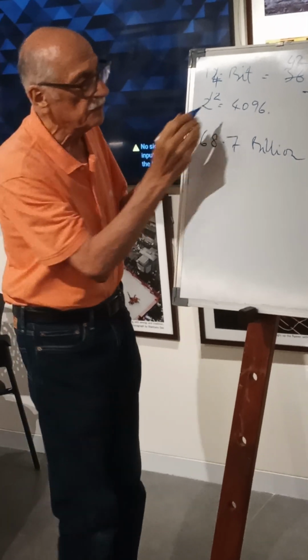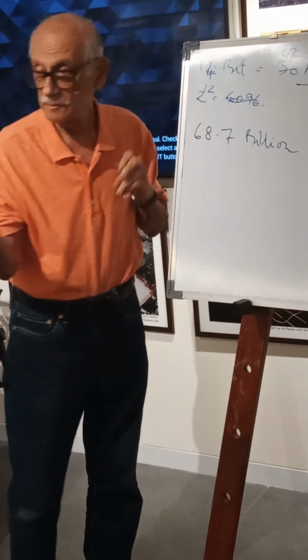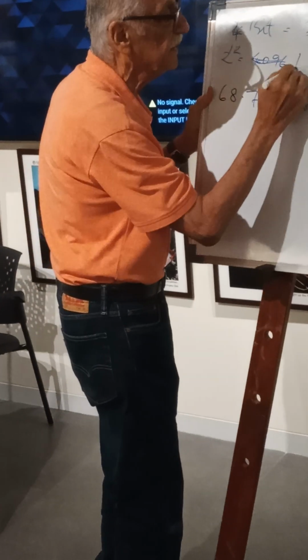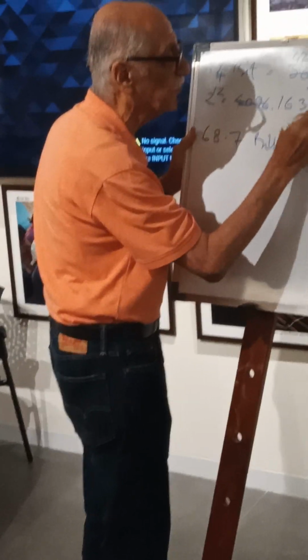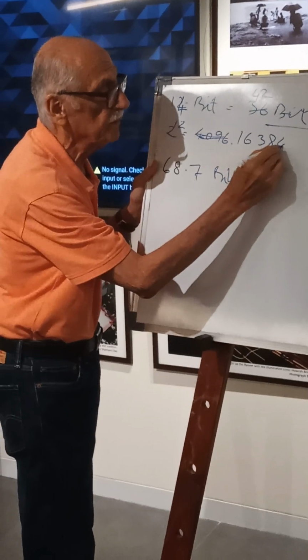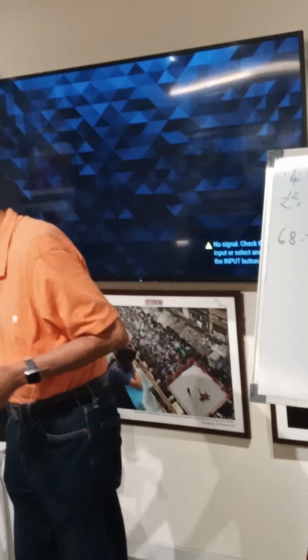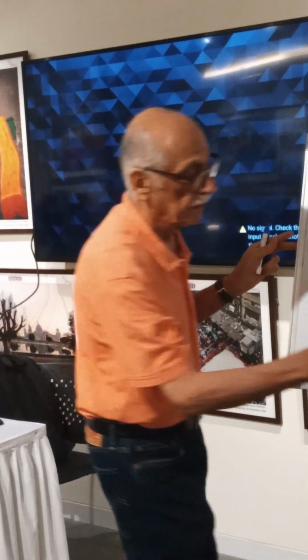How much is that equal to? 16,384. Very good. 16384 multiplied by 16384 multiplied by 16384 is 4.4 trillion, 4.39 trillion.